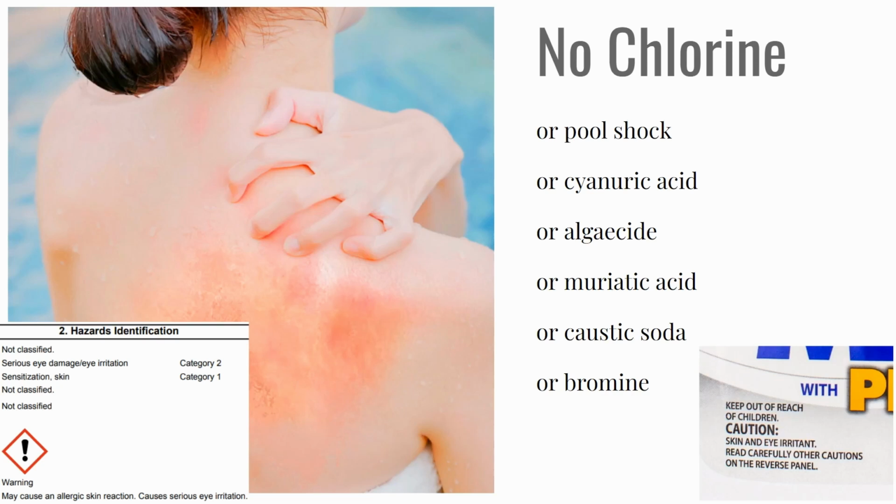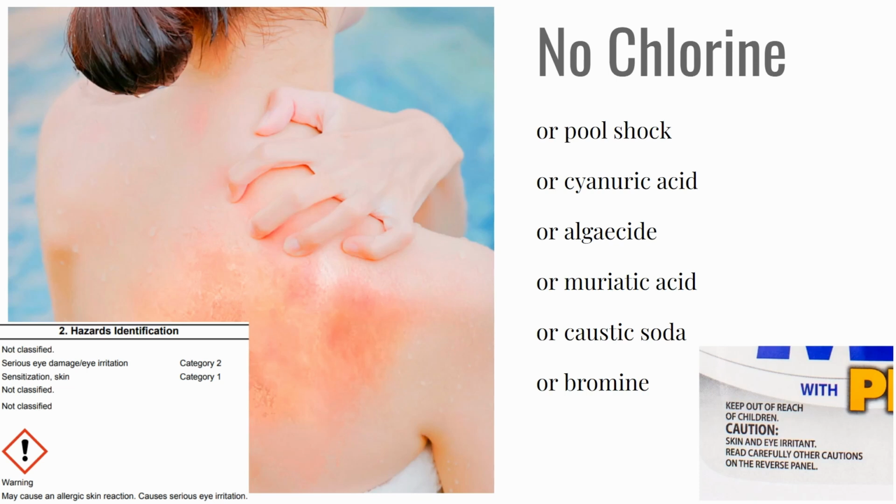If you're not managing your chlorine pool well, and you're putting in the stuff in the bottom left and bottom right, that's from the data sheets and the bottles from the chemical that Maddie used to work with at a pool. She said she would use it in their pool, and the data sheet was just full of irritant information, like can cause serious eye damage and all this stuff.